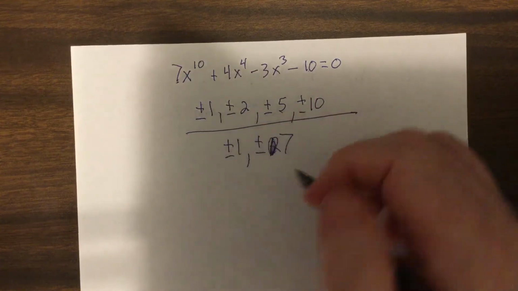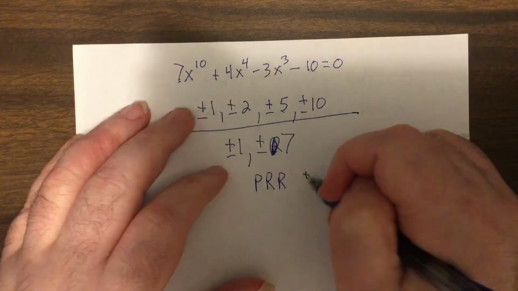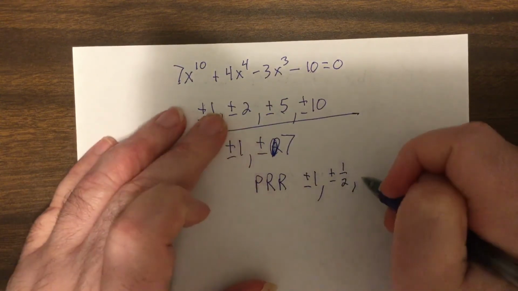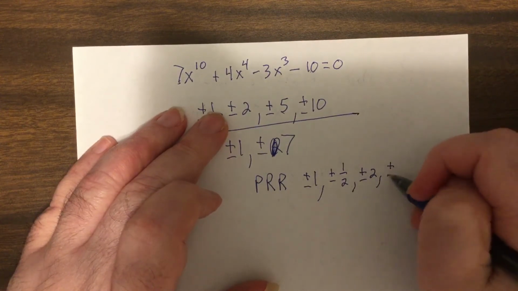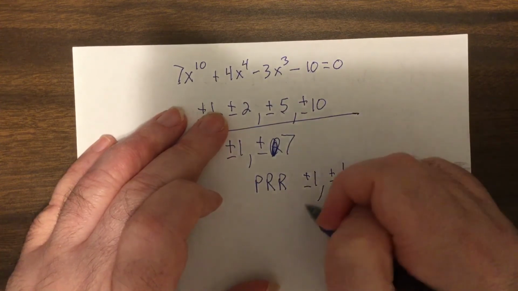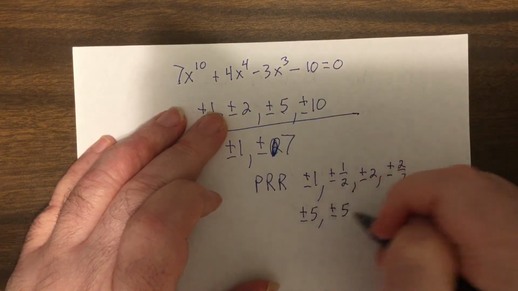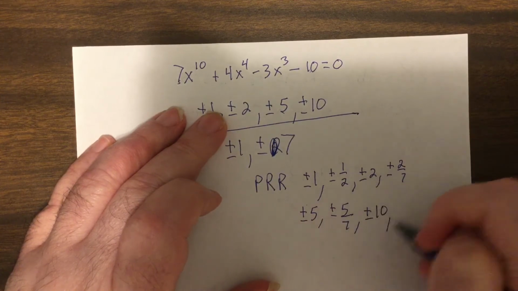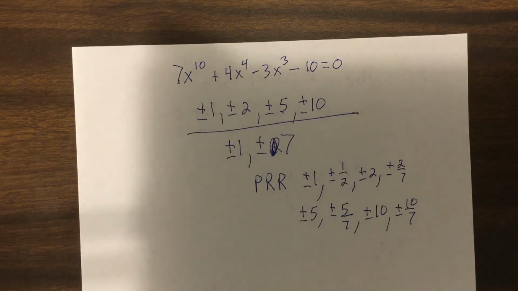So plus or minus 1, plus or minus a seventh, plus or minus 2, plus or minus 2 sevenths, plus or minus 5, plus or minus 5 sevenths, plus or minus 10, plus or minus 10 sevenths, and then you would actually just start trying those problems.